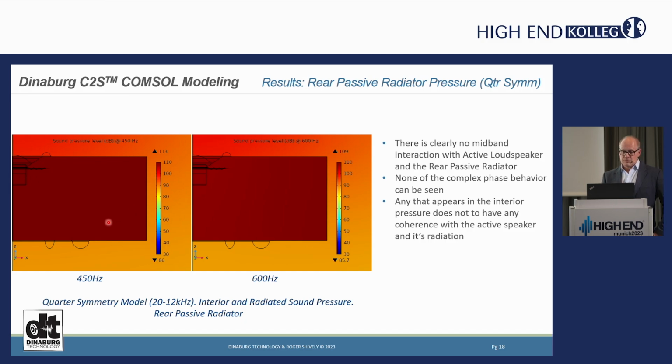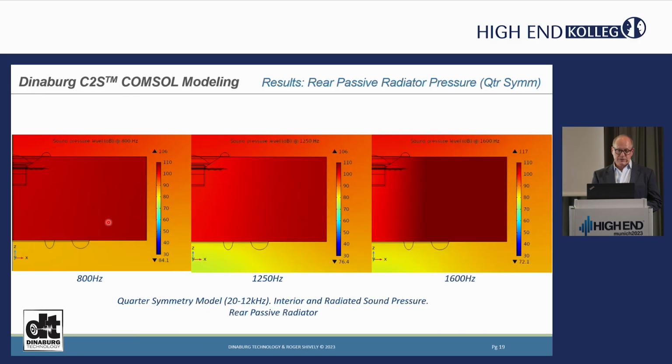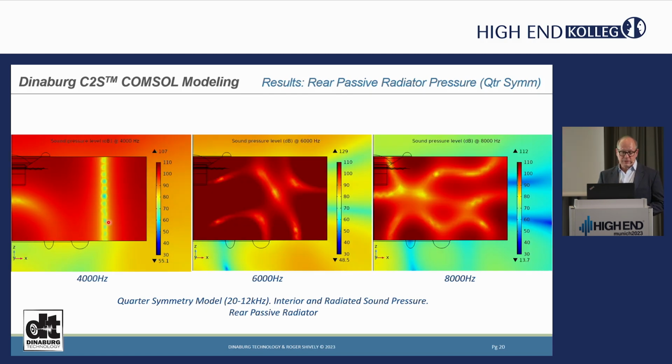There's no phase behavior or interaction between the ring of the passive radiator and the 3.5 inch. So it doesn't have much complex interior behavior at 450, 600 hertz, and continuing up into the 800 and 1200 and 1600 hertz. We start to see some behavior here at the higher frequencies, but it has no positive benefit to add to the passive radiator behavior or the mid-range behavior. So it's clearly different. Is it a good thing or a bad thing?